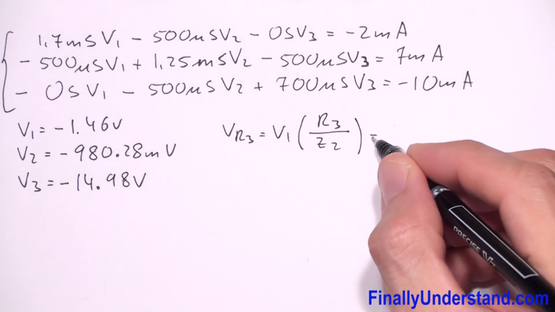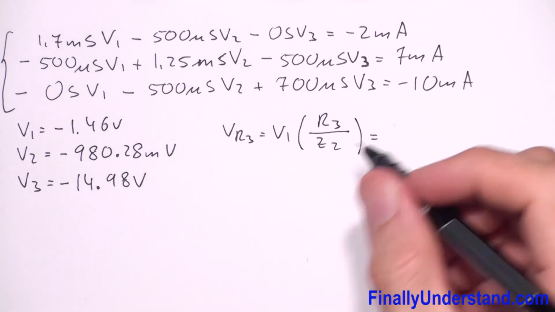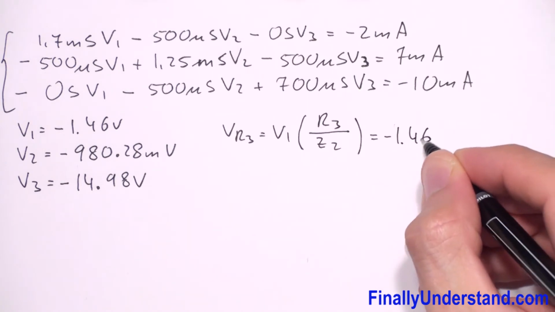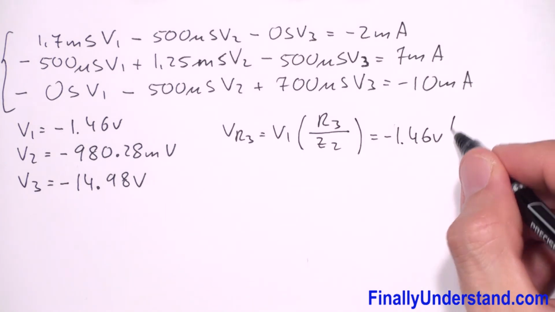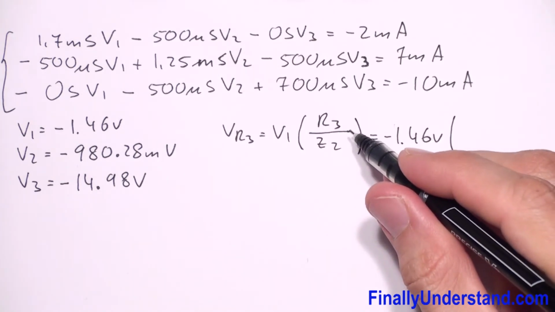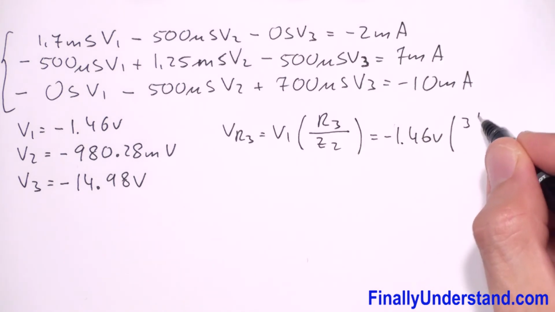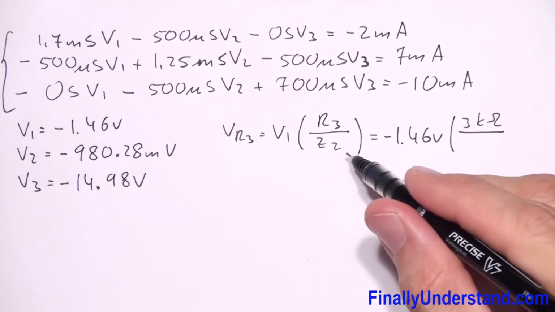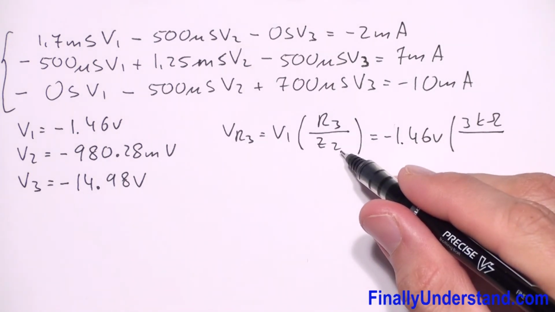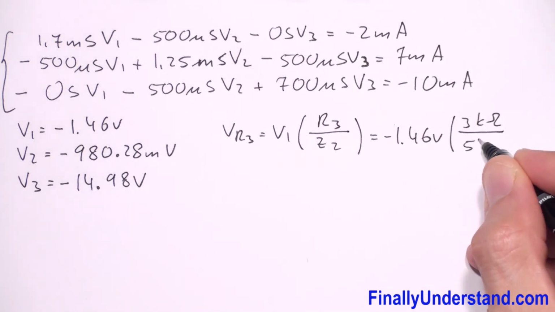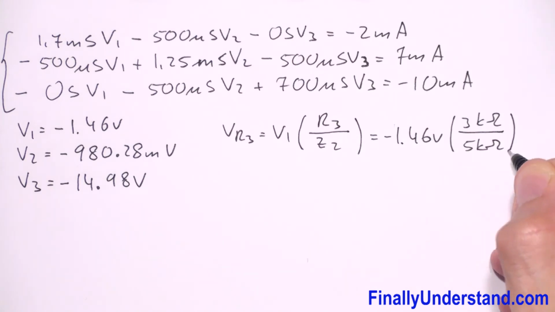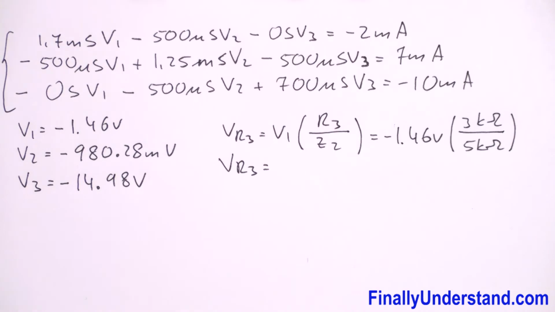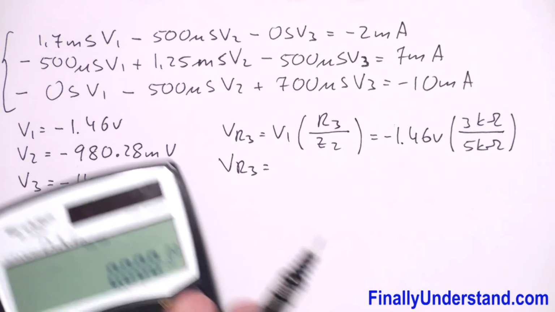So I have V1, which we found is negative 1.46 volts, times R3, which is equal to 3 kilo ohms, over Z2, which we found is equal to 5 kilo ohms. Okay, so VR3 is equal, now I'm going to use the calculator to find VR3.